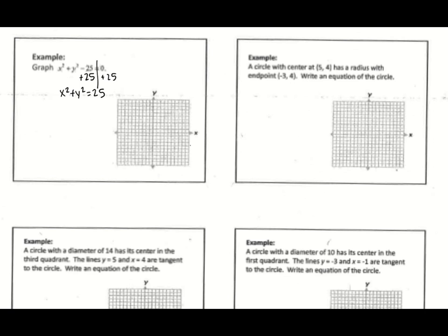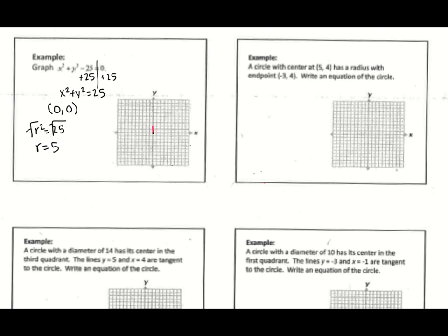So since I have x squared plus y squared, I know my h and my k are both 0. So that means my center point is 0, 0. And then I know my r squared equals 25. So if I take the square root of both sides, I get r is equal to 5. So if I graph this, I have 0, 0 in the middle, and then I'm going to go 5 away in all directions.